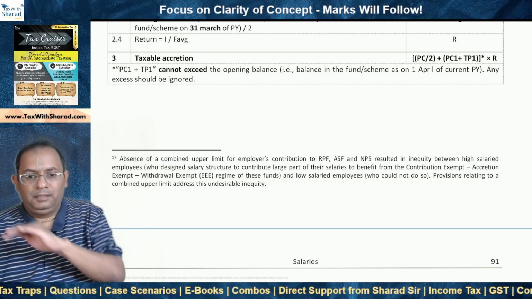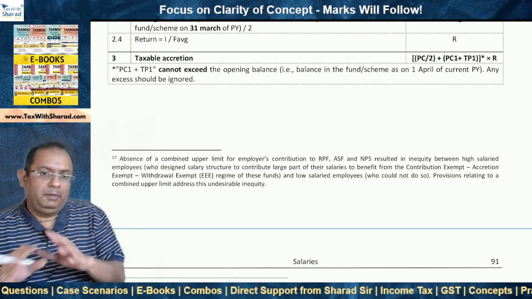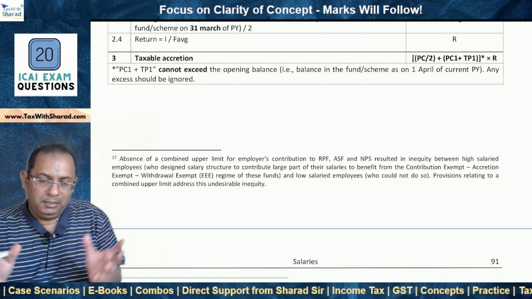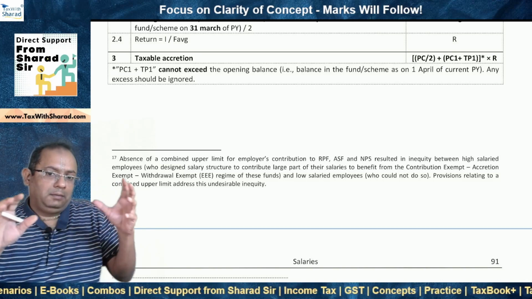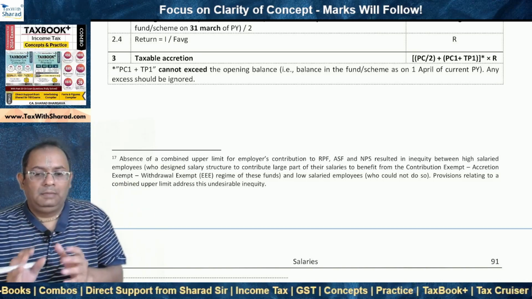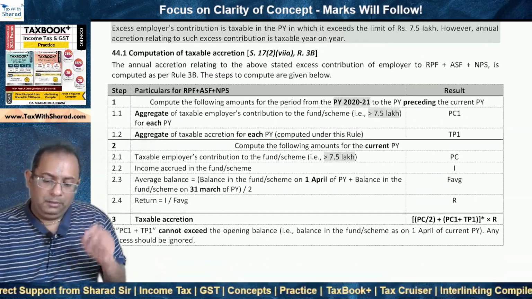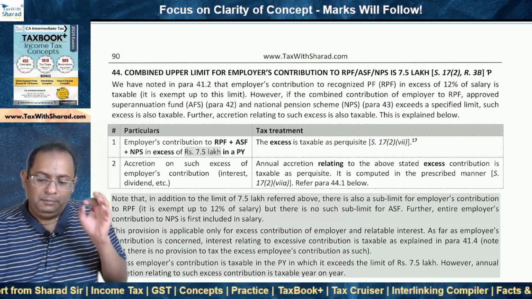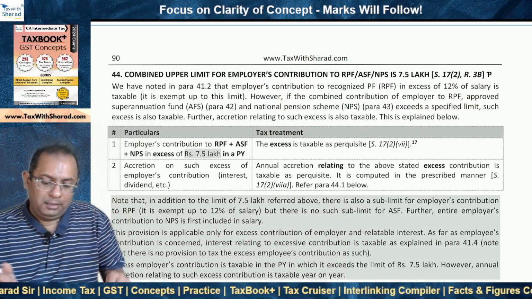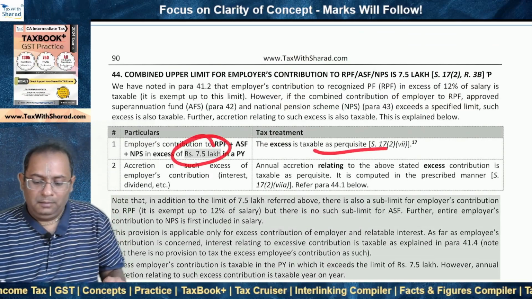Okay, so they said that we will put a limit, because we want to restrict the exemptions to a reasonable extent, so that the masses are able to benefit from the exemptions, not merely a few high net worth individuals. So they said we will put a limit of 7.5 lakh. So the excess beyond 7.5 lakh will become taxable.